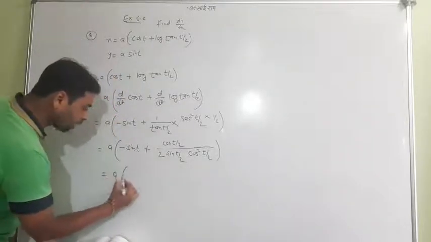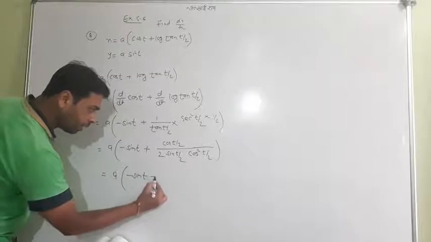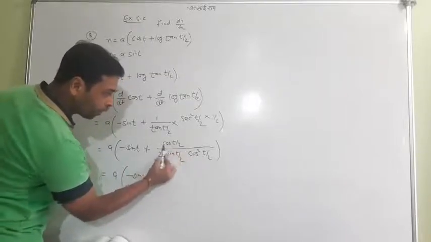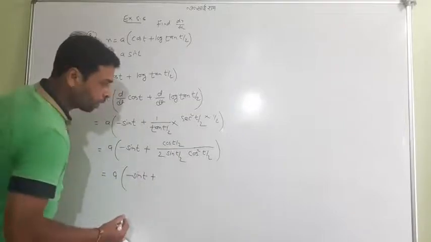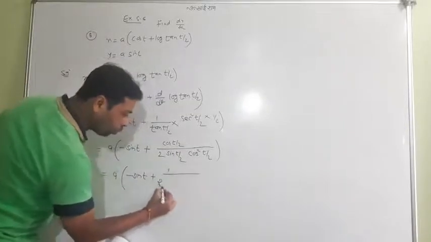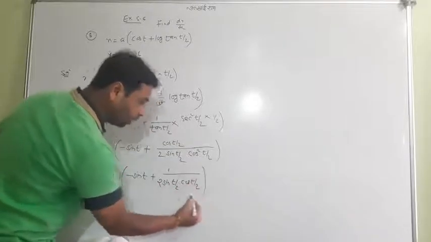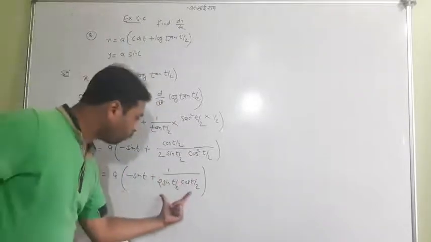Now what is coming next? Minus sin t. This cos and cos will cancel each other, so definitely one power will cancel. The rest is 1 upon 2 sin t by 2 and cos t by 2. A very important formula is coming here.